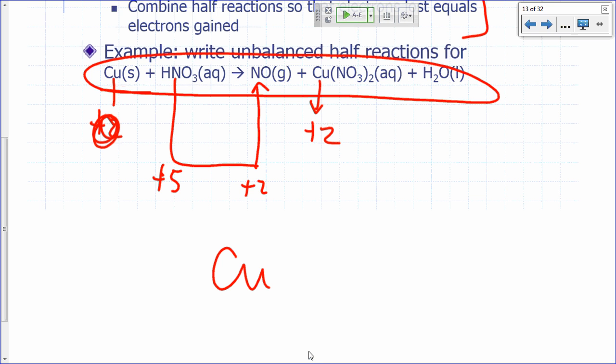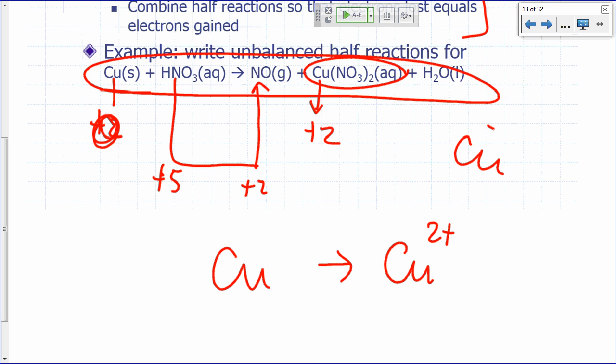So what's our half reactions? Your copper became copper ions with a +2 charge. That's the only thing we write. We don't write the whole copper nitrate thing, because what do we know about copper nitrate in solution? When we're writing ionic equations, we'll have to separate this copper +2 nitrate. So the only thing that's really involved there as far as that half reaction is concerned is the copper ion. So that's your half reaction.